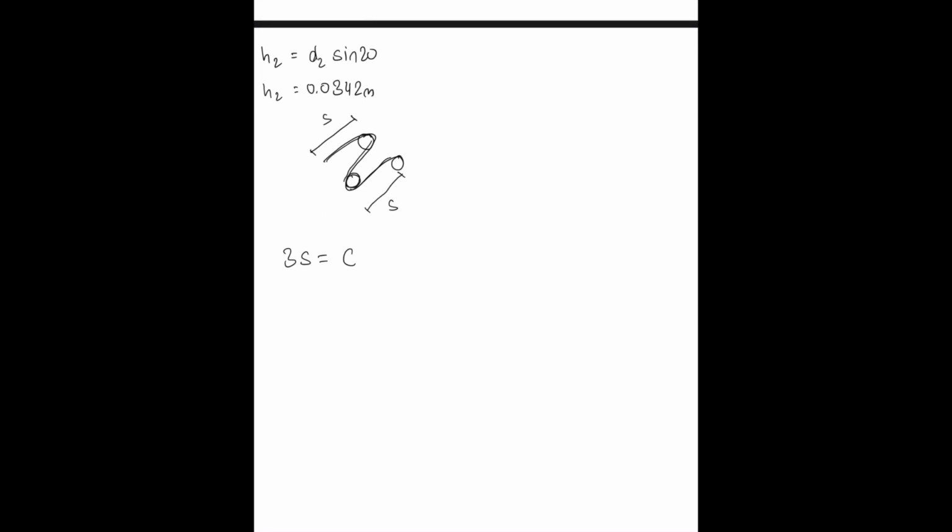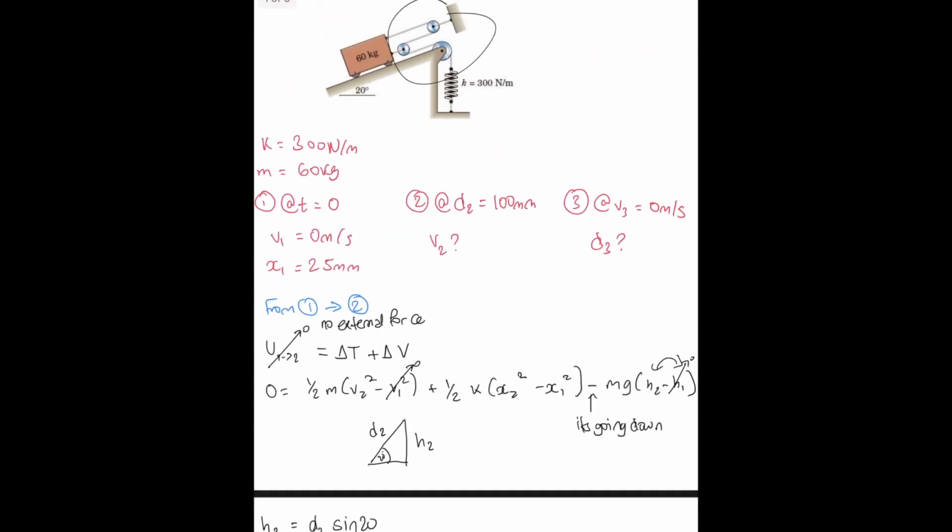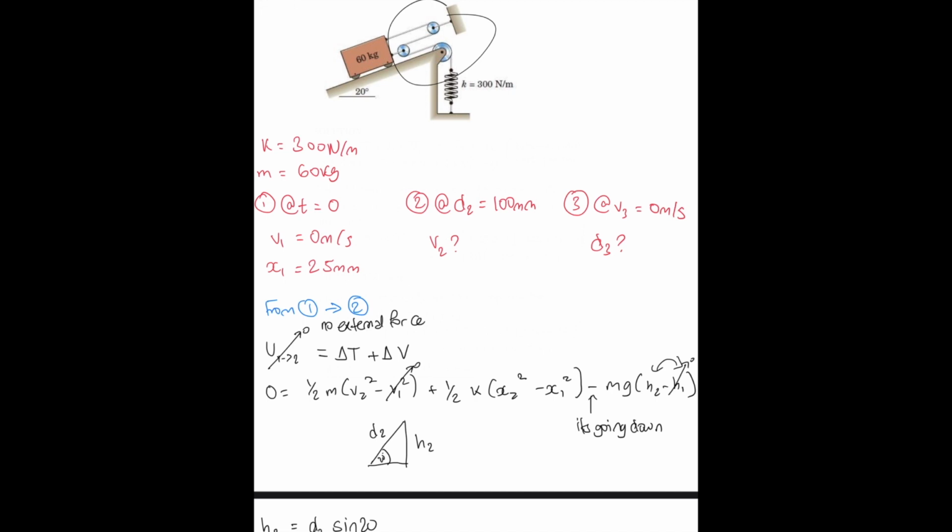We'll call this distance S. And we have 3 S's, so our 3 S's are going to be equal to a constant C, which is the length of the cable, which means that the additional stretch of the spring, however much the spring is going to stretch, that extra part, has to be 3 times the additional distance by the cart.